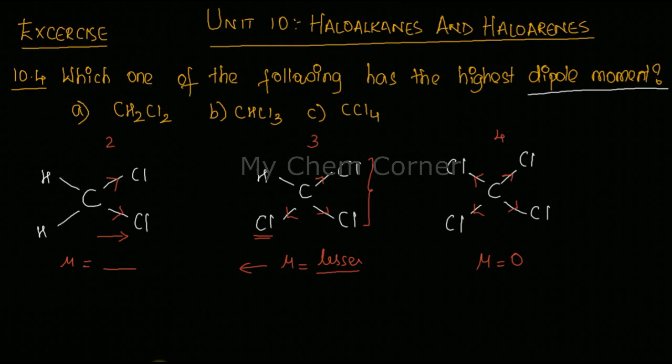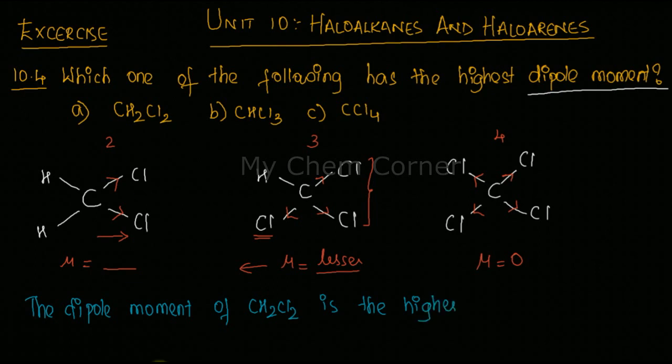So when you compare all 3, we can write here that the dipole moment of CH2Cl2 is the highest, or we can say the one that has the least number of electronegative elements will have the highest dipole moment.